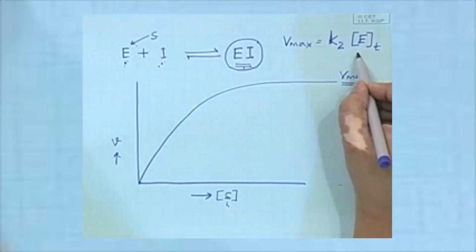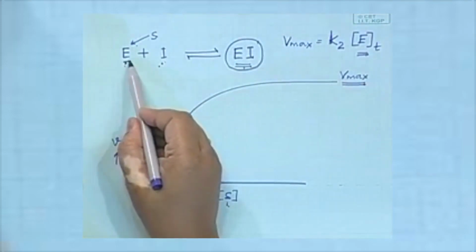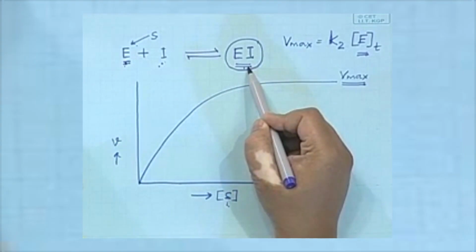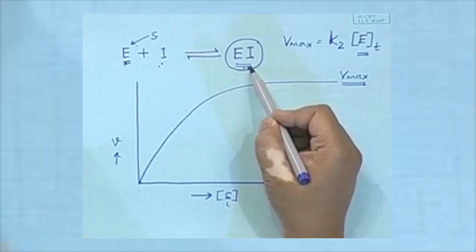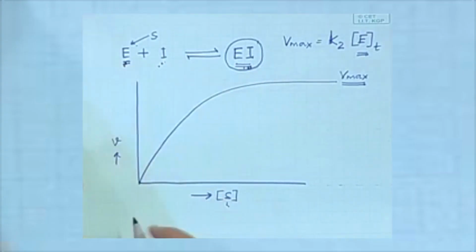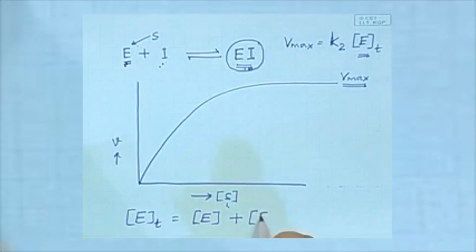Part of this enzyme may have formed an enzyme inhibitor complex, but that complex can also dissociate to form back E. So the total enzyme is now the free enzyme plus the enzyme substrate complex plus the enzyme inhibitor complex.